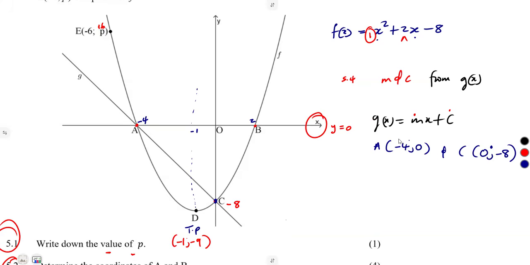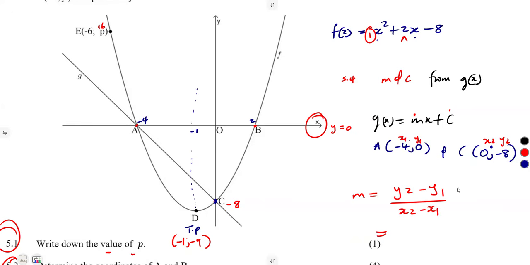So we can obtain the gradient from this. Our gradient m is equal to y2 minus y1 over x2 minus x1.